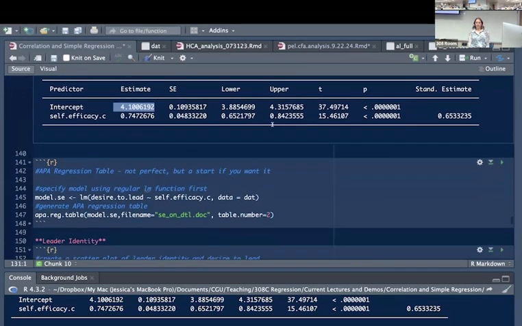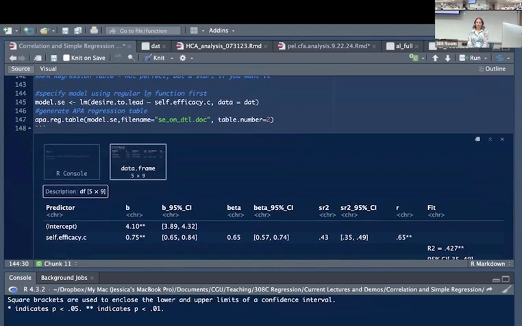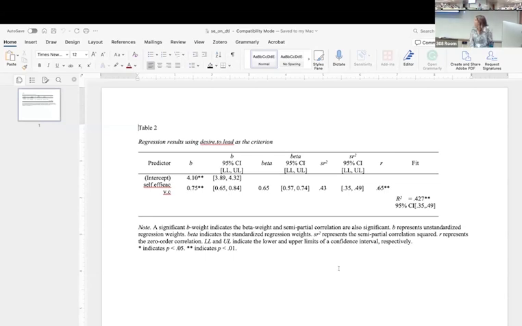Cool. And here's the APA regression table. Again, you have to start with the lm function, and then the function is apa.reg.table, but I'm going to show you what it looks like. It's even worse than the correlation table. Sorry. Oh, it does put the fit in there for you. That's cool. Okay. So here's what it looks like. Not beautiful.